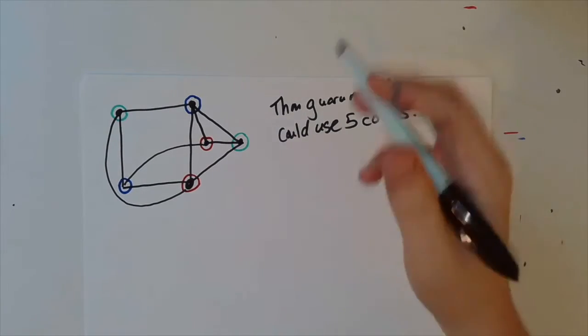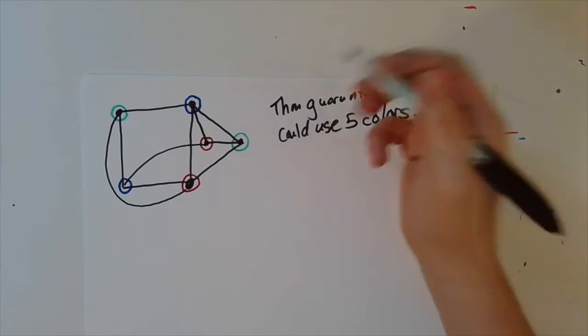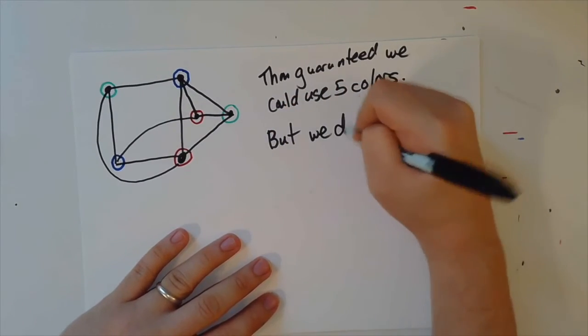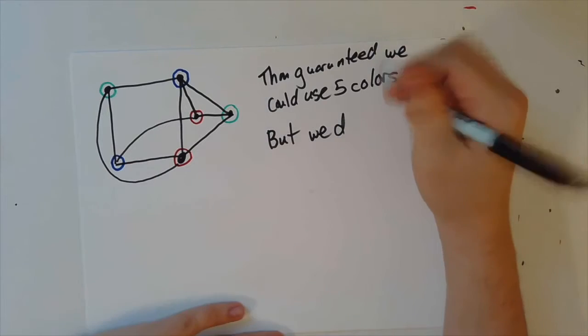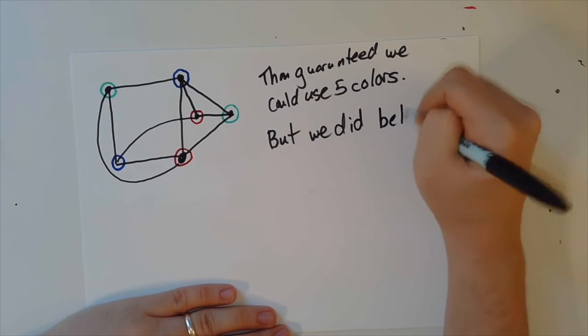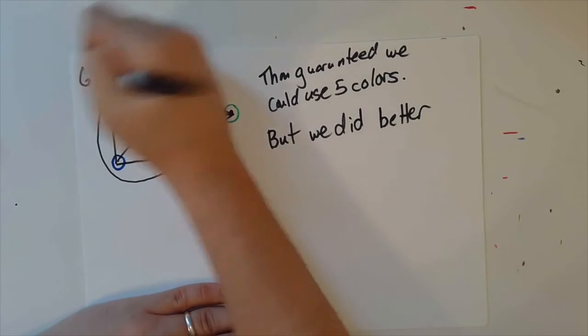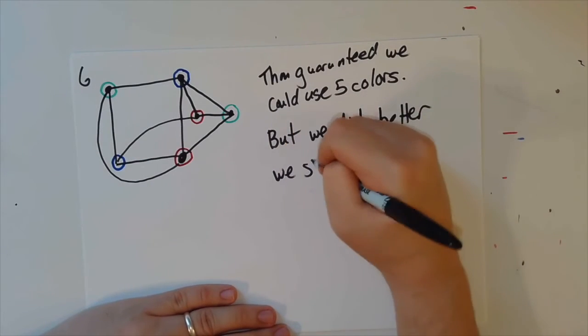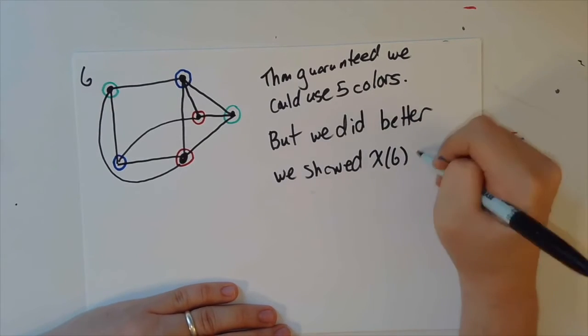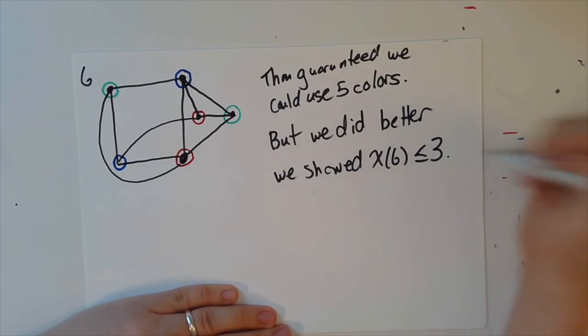Now, note that the theorem didn't say anything about this is the number we need. It just said you could use this. We did better. Okay, so if this is the graph G, we showed that chi of G is less than or equal to 3.